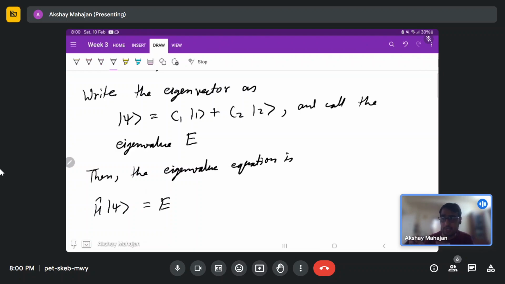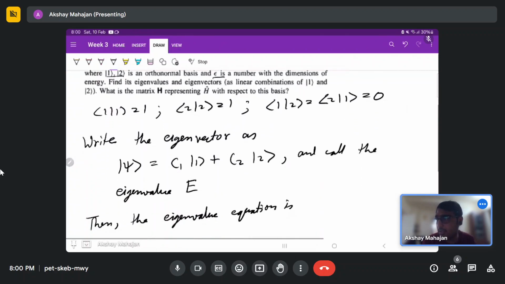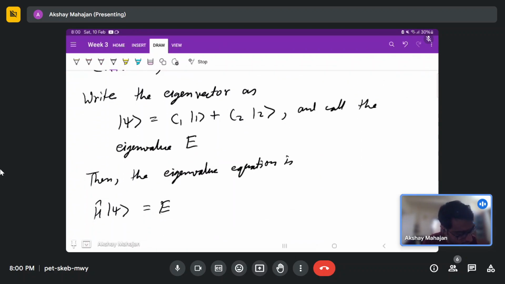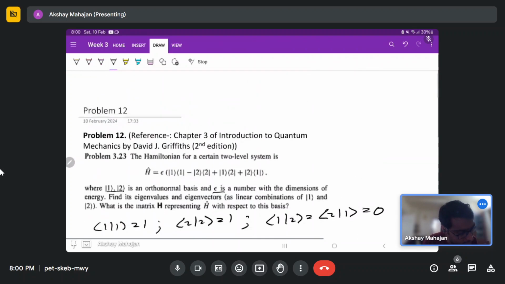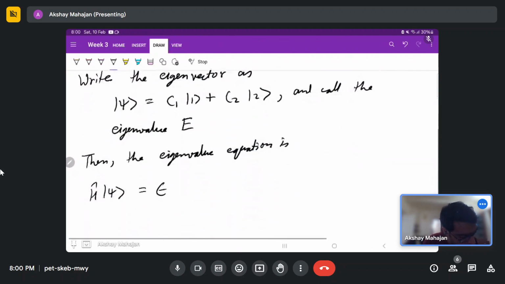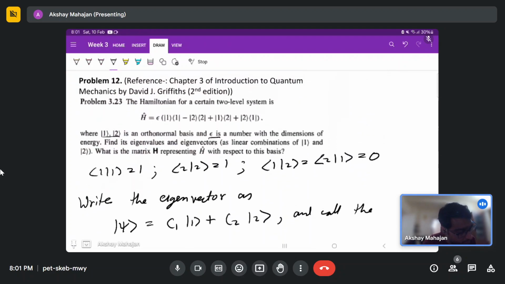Our psi is basically equal to... so h cap of psi, now h cap of psi is given with this epsilon times the energy eigenvalue and the energy eigenkets.